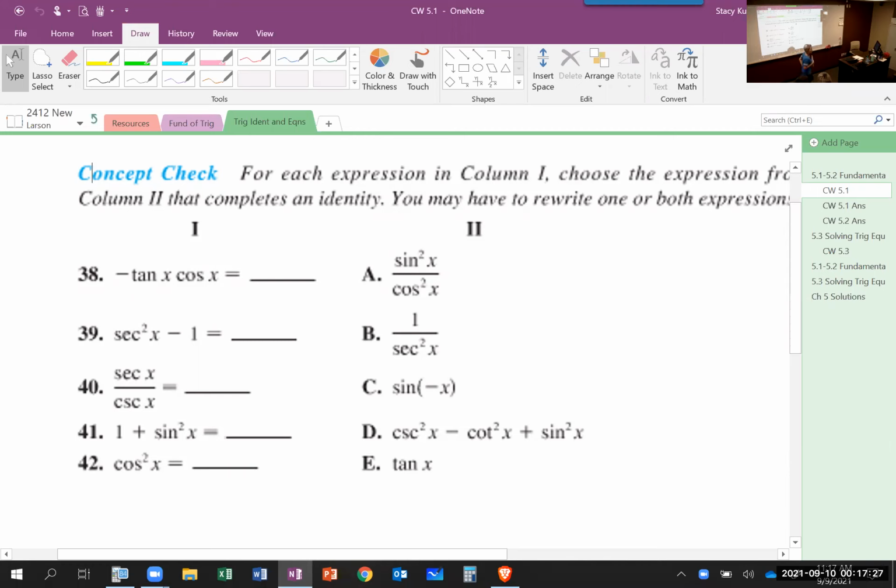Think two steps. It might take two steps to get from one to the other.